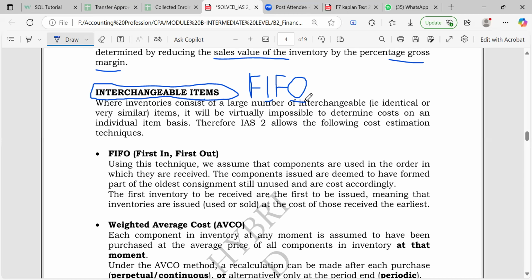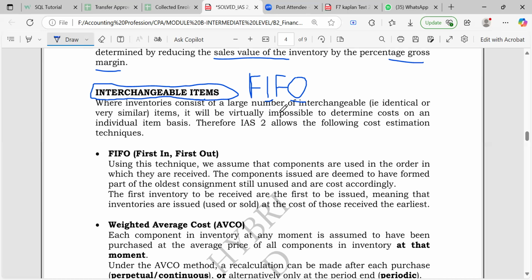Yes, right. So when you deal with interchangeable items, this is what we'll be doing now. We want to resort to those standard methods. When inventories consist of a large number of interchangeable items, now these ones are interchangeable, and they're also a large number, unlike those non-interchangeable ones.